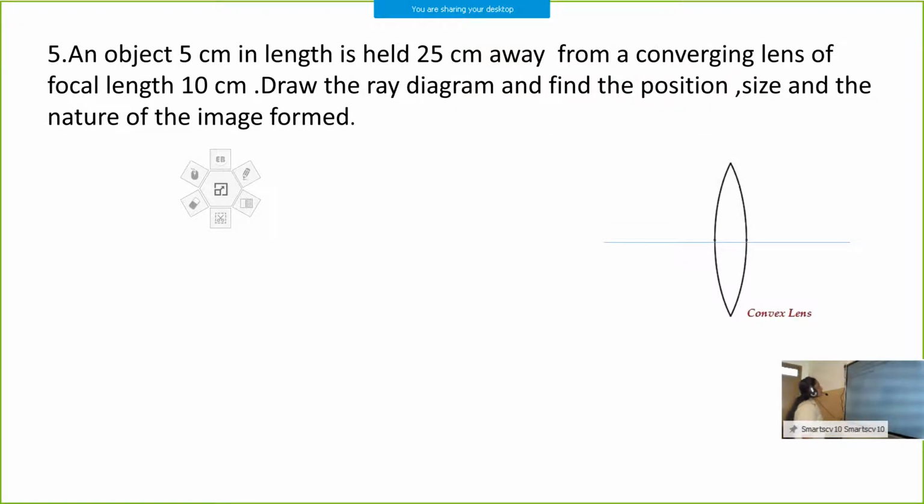So next is again convex lens. Write down.